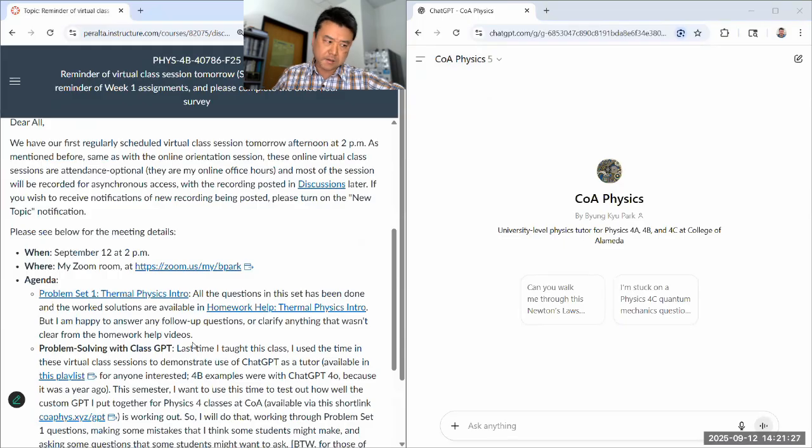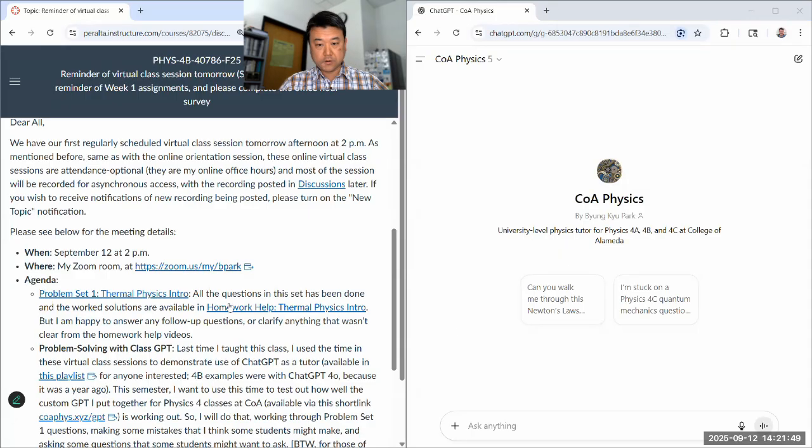So I should be updating the material for this GPT in about a month or so. I'm hoping to be about 3 weeks to a month ahead of the class each time. When I'm uploading the magnetostatics content is when I'll be thinking about maybe tweaking some of the system instructions.